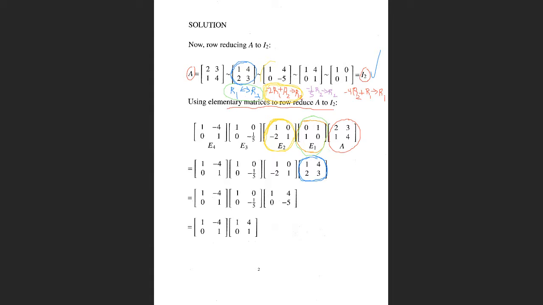And notice that when we take E2 and multiply it by E1 times A, which is 1, 4, 2, 3, we're going to get 1, 4, 0, -5, and that's what we got here on the second step.